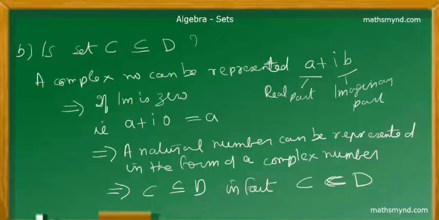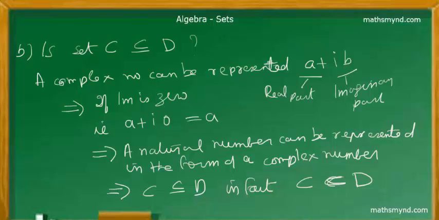We'll be going into much more detail in that particular chapter, but for the sake of this question, we know that a complex number can be represented in the form a plus ib, where a is called the real part and ib is called the imaginary part. It simply means that if the imaginary part is 0, that is a plus i0, then we'll have only a real part, which is equivalent to a real number.